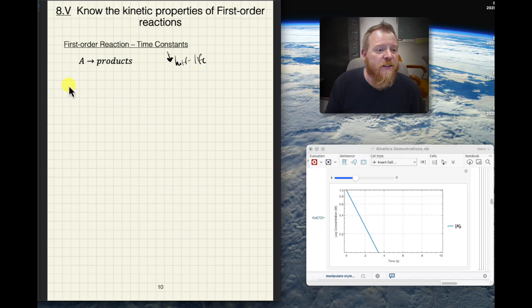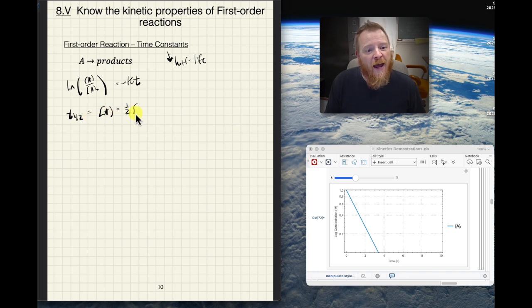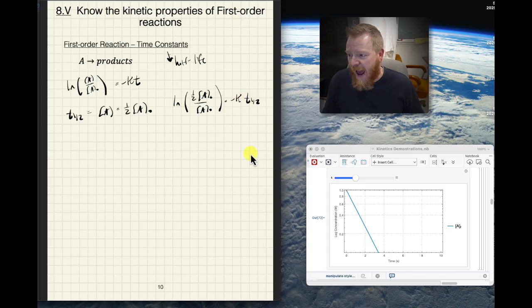If we go back to this expression, natural log of A over A0 equals negative kt, and we define the half-life as where the concentration of A at any time equals 1/2 of the initial concentration, we can substitute that relationship in, and we get the following. That becomes the natural log of 1/2 A0 divided by A0, and that equals negative kt 1/2.